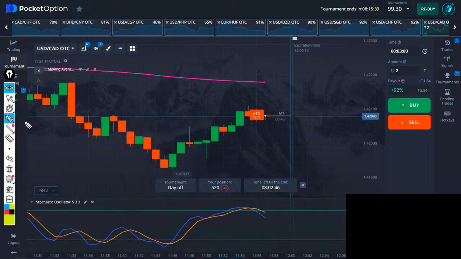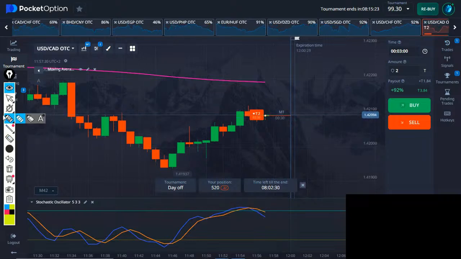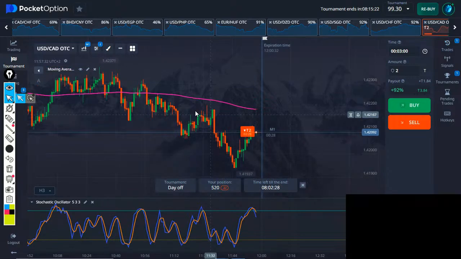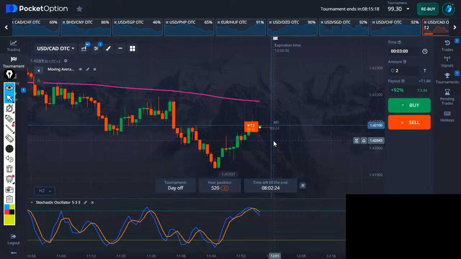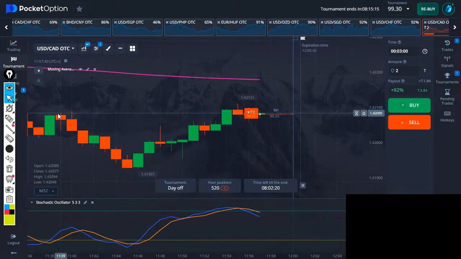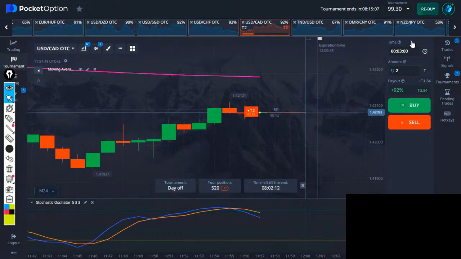You have here both lines crossing below the 80 level, pushing to the downside, and we have the price below the EMA, plus a clear downtrend happening over here, in addition to a resistance line here as well. So we did all the homework to the letter. We only have to see how it will unfold.